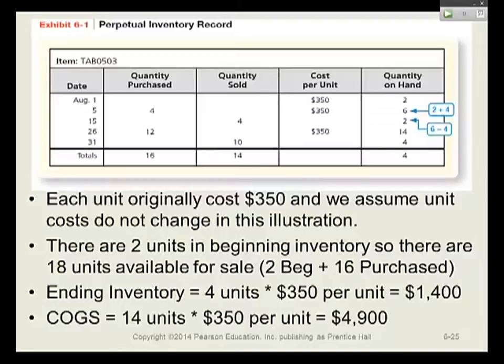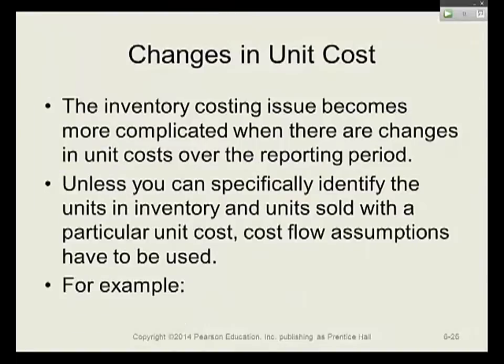Now, moving to a realistic problem where unit costs change every time you buy a unit, we now have to think about a way to make that allocation. How do we make the allocation? Do we specifically identify, do we know, for example, the cost of the 4 units that we sold? I mean, if the prices are changing, how do we know which ones we sold? If not, we may need to make some cost flow assumptions.